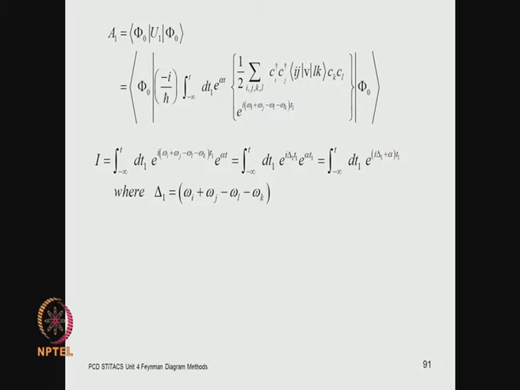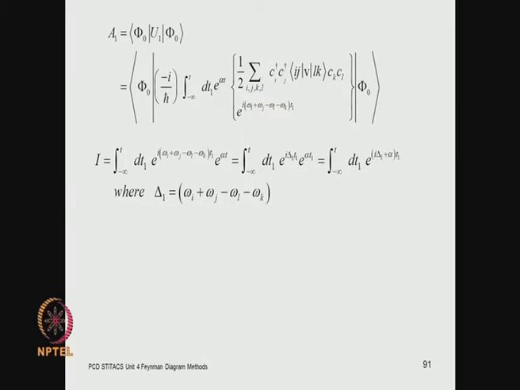So, that function is here, and this sum and difference of these 4 omegas is what I write as delta 1. Okay, again just for the sake of brevity, so that I do not have to write all those 4 symbols every time I work with this term.